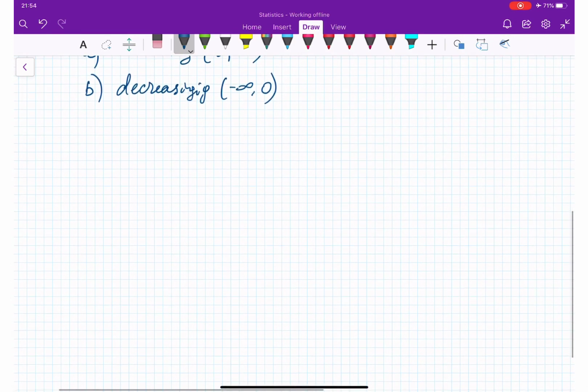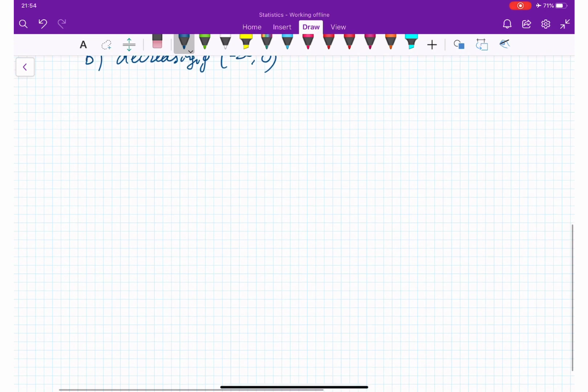Question number 2. Graphing the polynomial f of x equals negative 5/8 x to the power 7. Let me make it negative so it would be more interesting, because we have already tried positive. Now let's do it with negative.